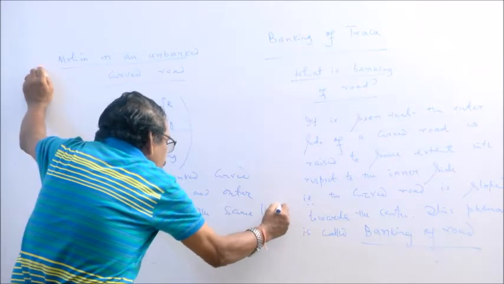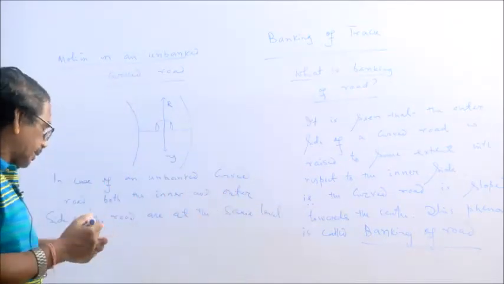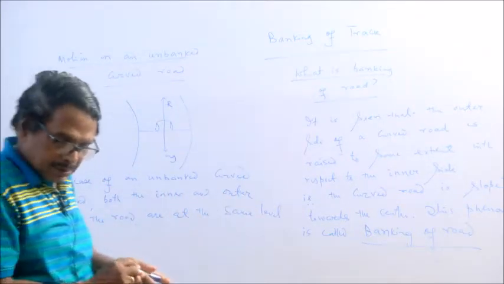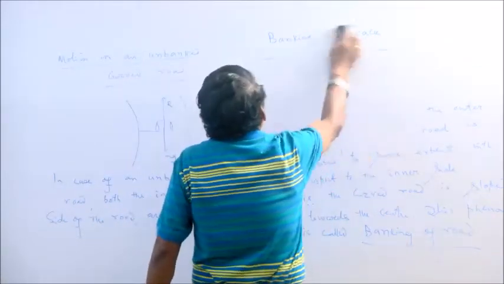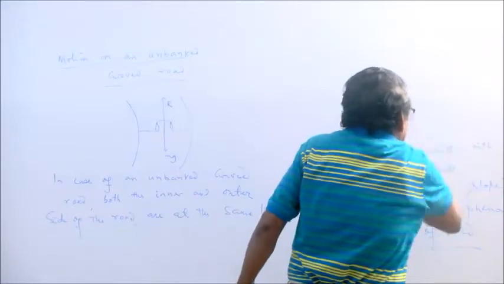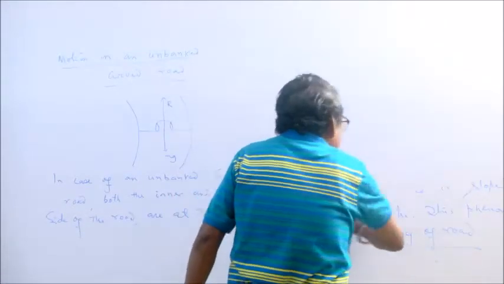The outer side is not raised with respect to the inner side. So, what difficulty is here? Let us see. To surmount that difficulty, we will go for banking. That is called the necessity of banking.